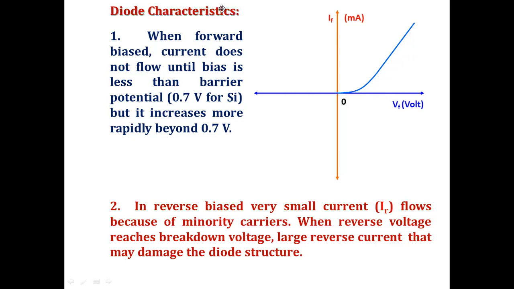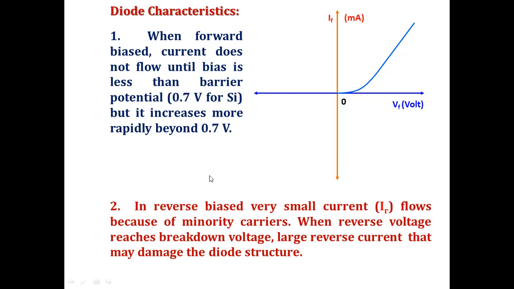In reverse bias, a very small current flows because of the minority carriers. Here, the negative is given to the positive side and the positive to the negative side. In that case the barrier potential will increase, because the barrier potential direction and the given supply direction become the same.